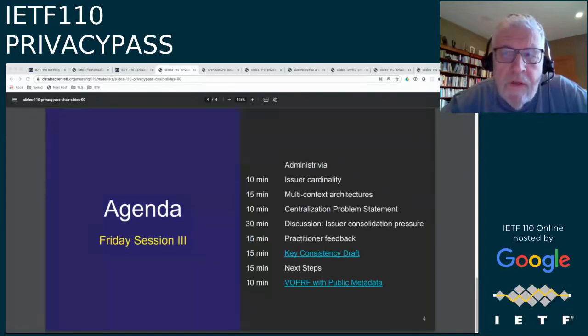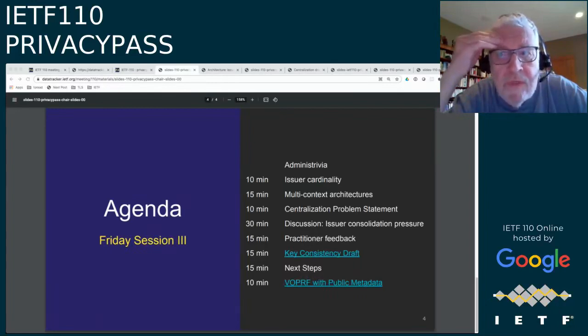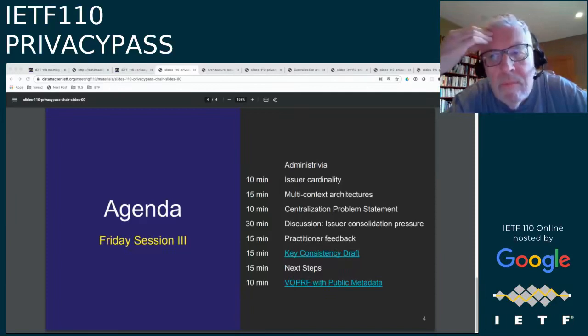Once you have your first set of tokens from this first set of servers, you go to a second set of servers. You don't present an identity, you just present a token that you have obtained from the first set. Then that second level of servers doesn't know the identity of the client, and it basically washes out the problem.